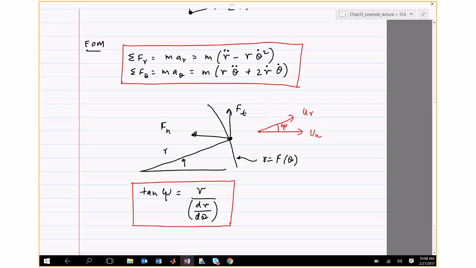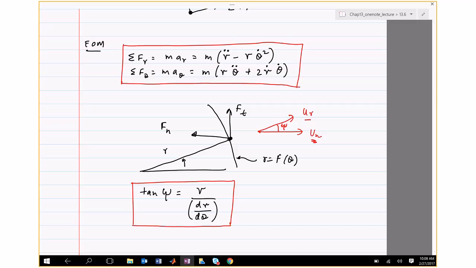So you can find psi from this formula, because you know what r is as a function of theta, so you can find the right hand side. Once you know psi, you know the angle made by ur with un, so you can resolve the forces Ft and Fn along ur and u theta.